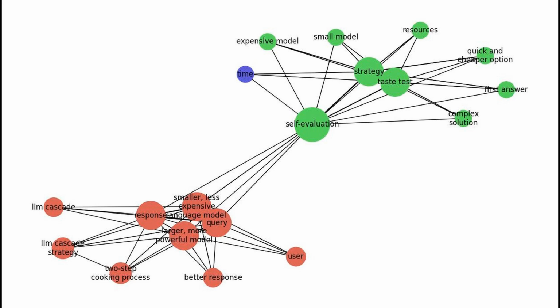However, if it thinks the answer isn't good enough, the query is passed to a larger, more powerful model that can provide a better response. This strategy is so efficient because it starts with a quick and cheaper option. Only when necessary does it escalate to a more expensive model, which really saves time and resources. The clever part is that the small model's self-evaluation acts like a taste test, helping to decide whether to stick with the first answer or to upgrade to a more complex solution.